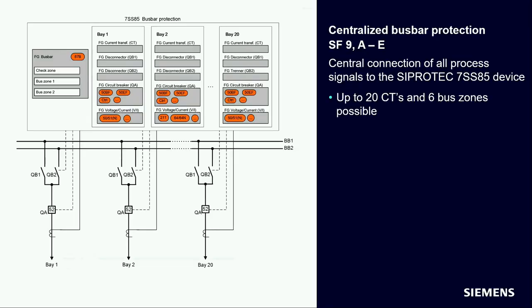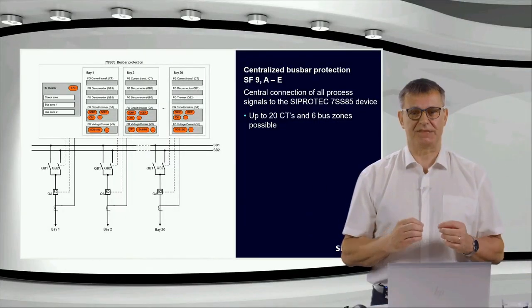One CD in the 7SS85 is always 4 analog inputs for phase A, phase B, phase C, and the neutral current. So that means in maximum 80 analog inputs, 20 CDs. That is the maximum of SIPROTEC 5 analog inputs in it all. Also one limitation is the maximum of 6 independent bus zones.